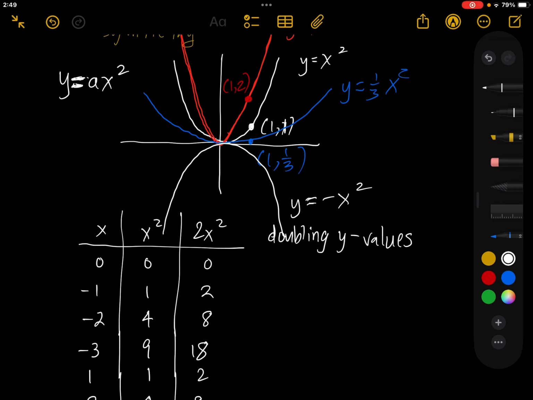If you plug in an x value like x equals 1, that gives you 1 comma 1 when y is equal to x squared, but it gives you 1 comma negative 1 when it's y equals negative x squared. So all the y values get multiplied by negative 1, and in terms of the graph, you're flipping the graph across the x-axis.